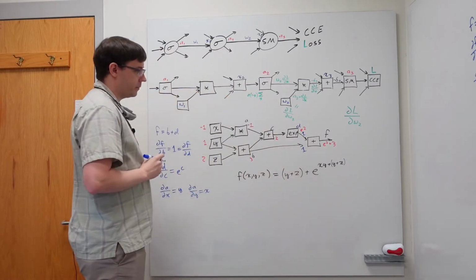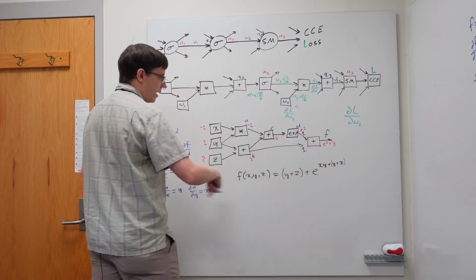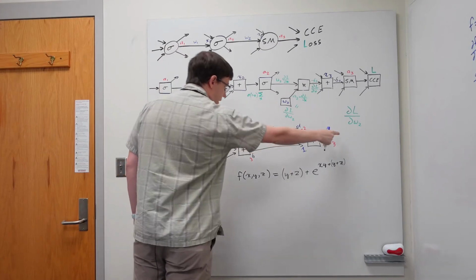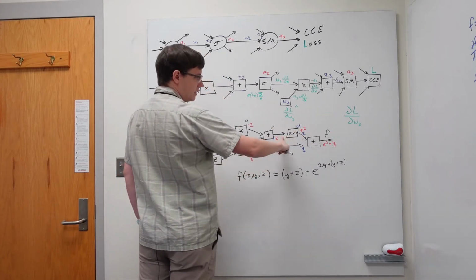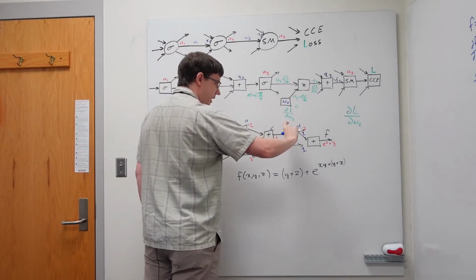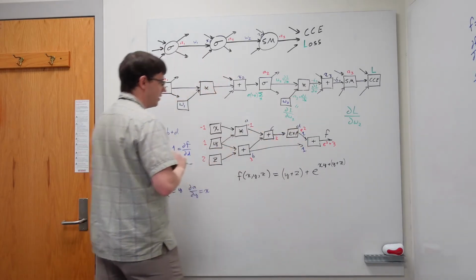Similarly here. Now as we work our way backwards, the partial derivative of f with respect to c is this partial derivative times the derivative of d with respect to c.